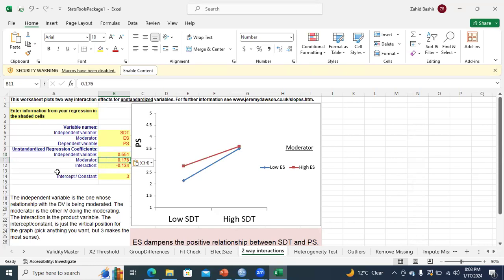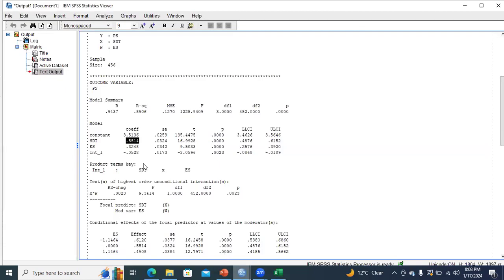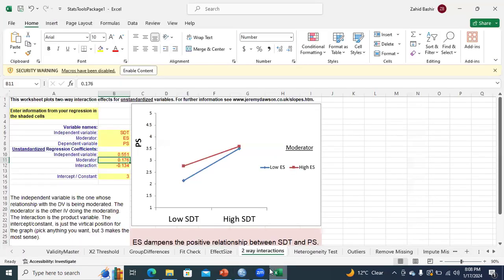Then you need to put the coefficient value of the moderator. Moderator is basically ES. So you need to put the value of ES from here like this. Just copy this value and put this value in front of moderator, and then you need to put the interaction coefficient value.